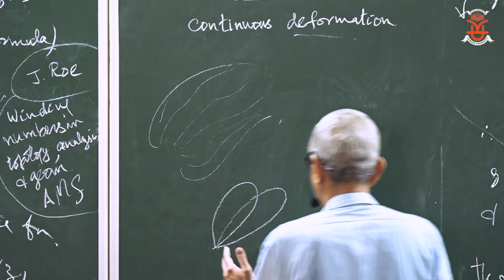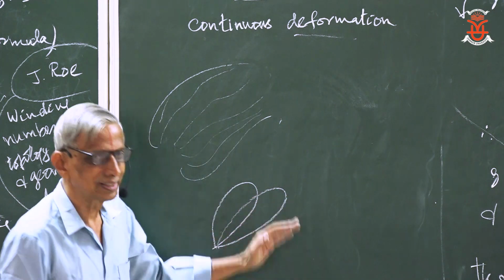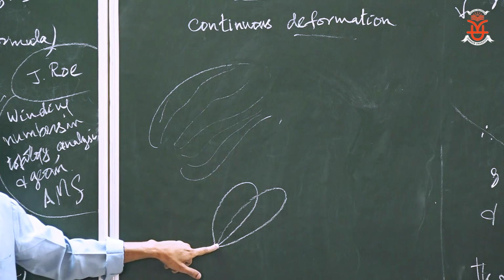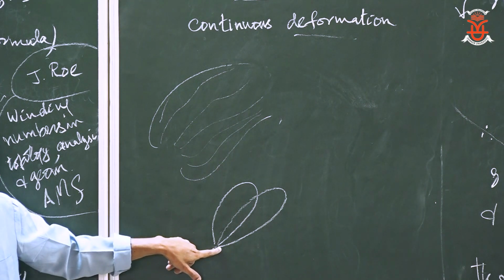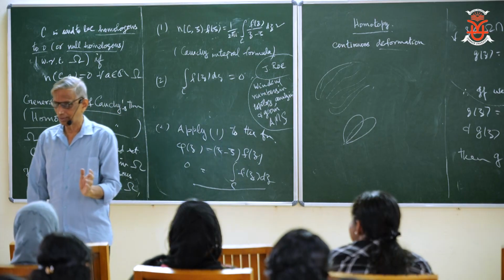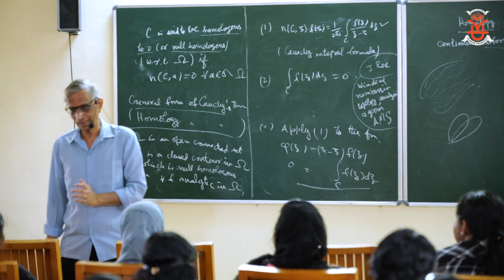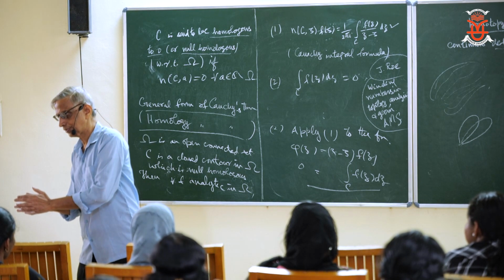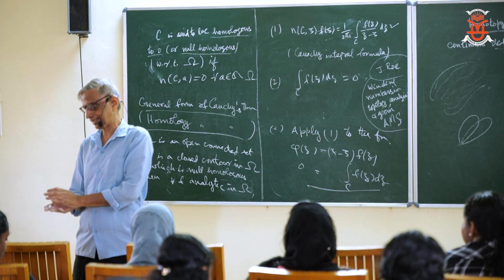So if you can continuously move the other one without moving the base point, let's say. Right? All of them are loops at some point, z0. So two loops at z0 are loop homotopic if you can move one loop to the other in a continuous fashion.